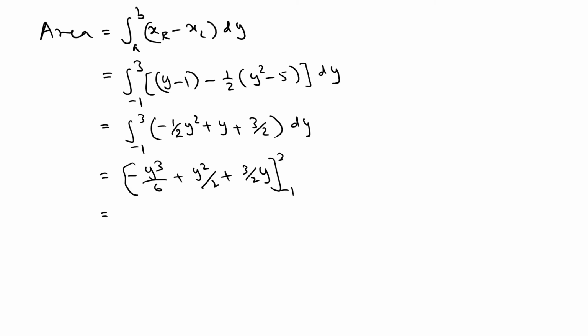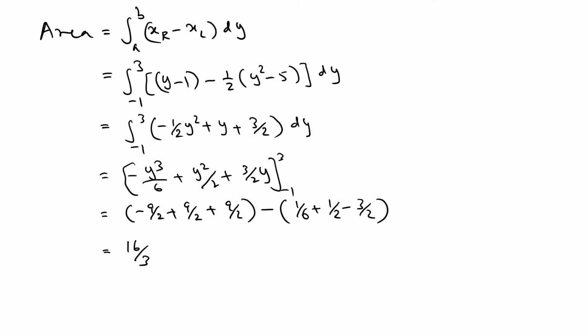If you plug in 3, you get -9/2 plus 9/2 plus 9/2, minus what you get when you plug in -1, which is 1/6 plus 1/2 minus 3/2. If you simplify all of them, you end up getting 16/3. It's area, so the units squared. That's the final answer for that.